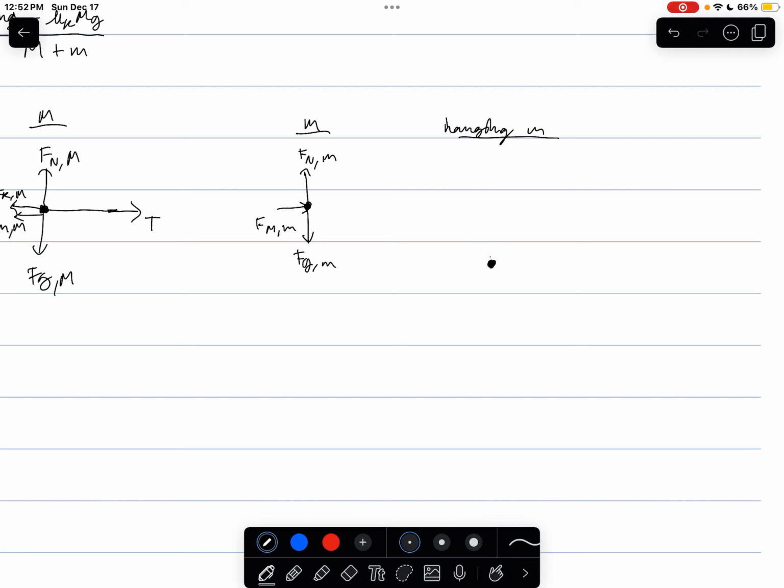So it's about like the same, oops, sorry. The other T should look like this, and the Fg should look way bigger because you're accelerating downward.